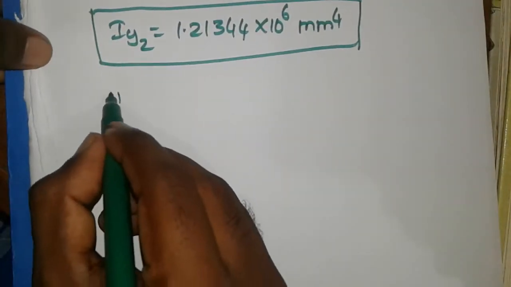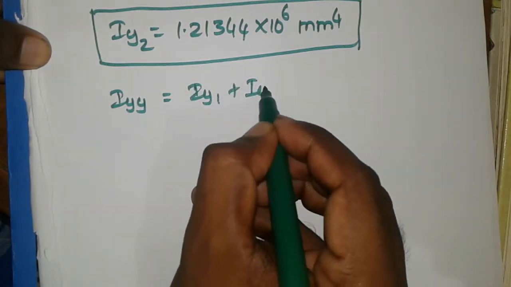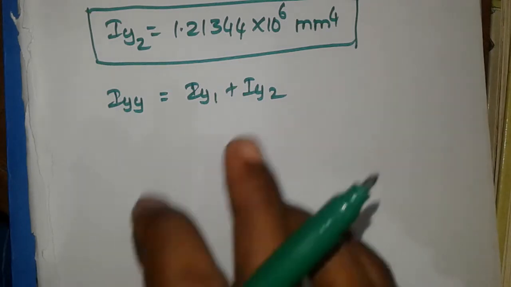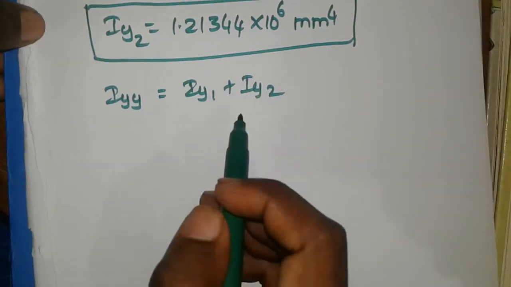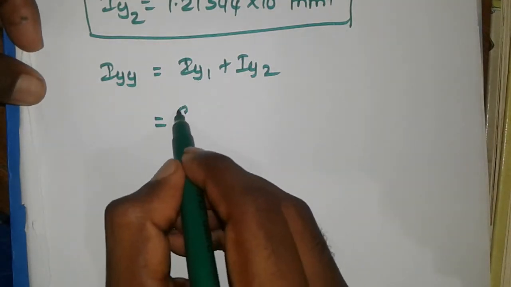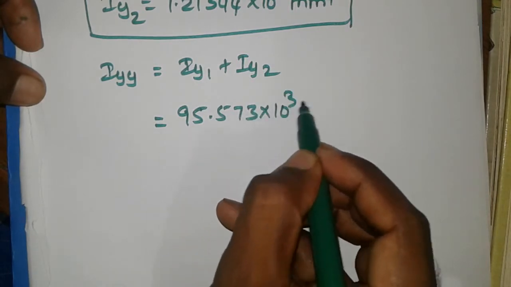So for finding Iyy value, Iy1 plus Iy2, the moment of inertia about the y-axis for section 1 and section 2. When we add these two values, we'll get the solution.